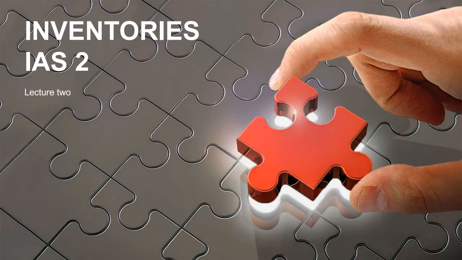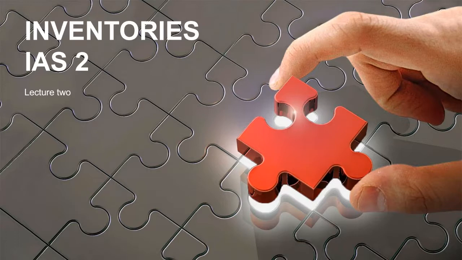The other thing is inventory is the only part of a business that has very little or no interaction with anything else outside. For example, with sales there's always going to be the customer. Creditors, you're always going to have the creditor. Debtors, you're always going to have the debtor.